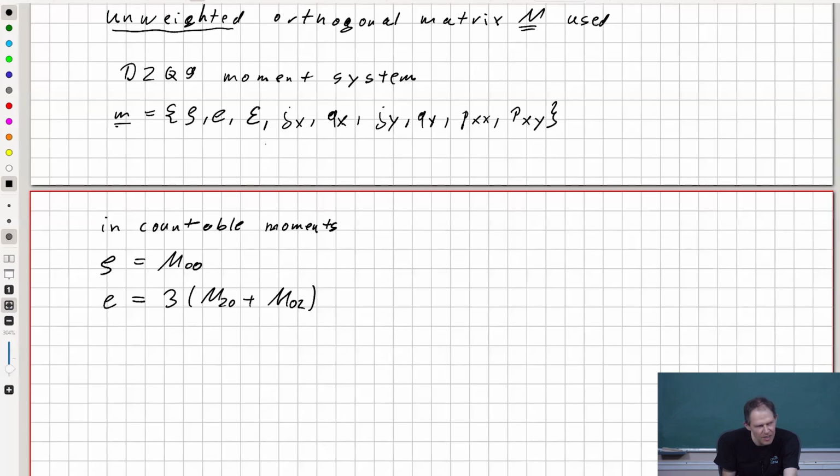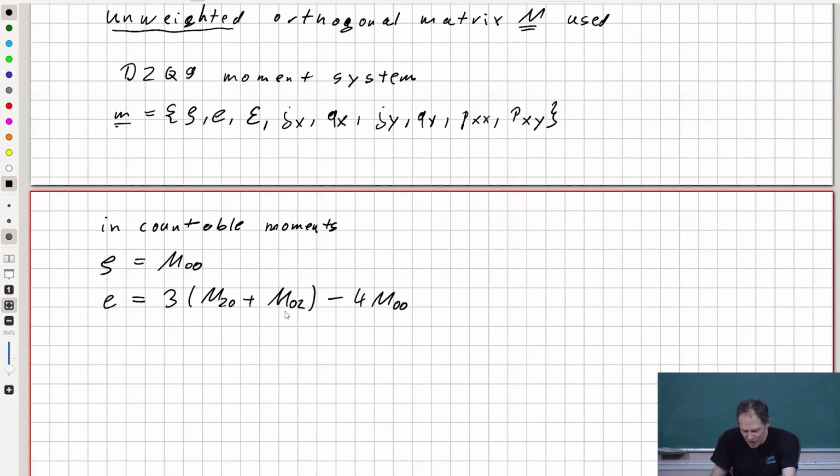So this here obviously is related to the pressure. And here comes minus 4 M00. So this is not just a second order moment, but a second order moment minus zero order moment. The reason why this is like this has to do with the orthogonalization of the matrix.